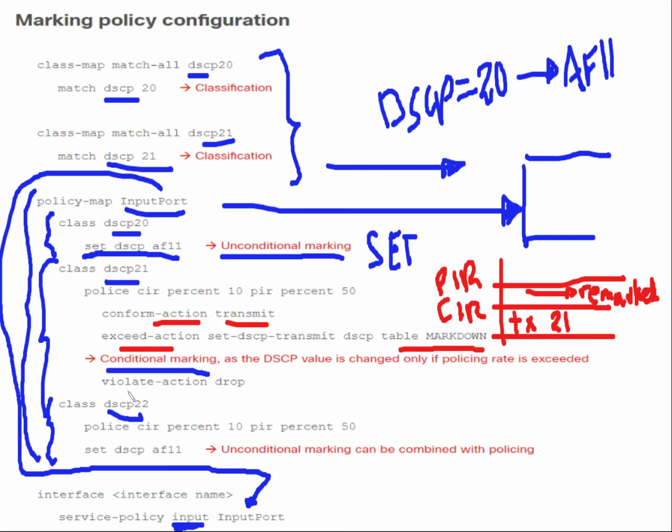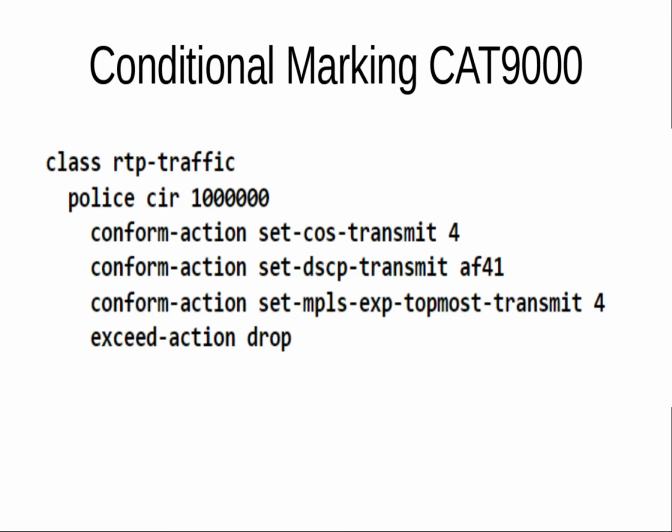And the violate action says drop. So for all the traffic above the PIR, we're going to drop it. And the third class is using unconditional marking. We are going to use the value AF11. So I hope that makes any sense.